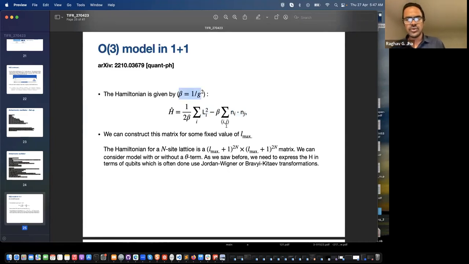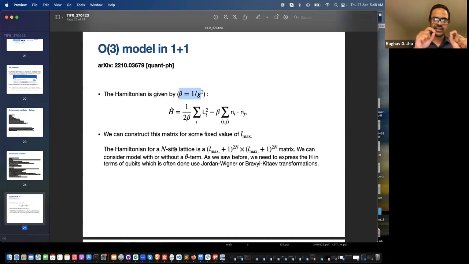So what we can do is rewrite this Hamiltonian for some fixed dimension based on what sort of truncation we do for the angular momentum states. For example, for the LM states, you can do some sort of truncation, saying that I'll only look up to L max of 1 or 2, because the L max determines the size of the Hamiltonian on an n site lattice.